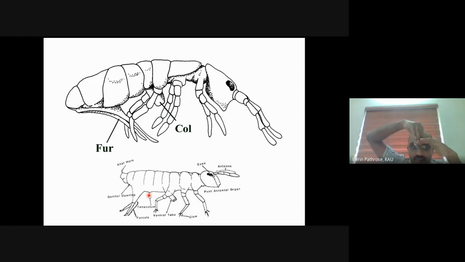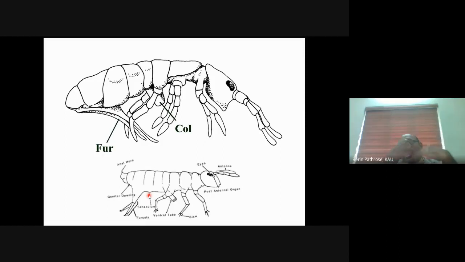The retinaculum releases the furca and this furca will strike hard onto the surface. Because of the striking of the furca onto the surface, the insect will jump. So this furca is called the springing organ. It just acts like a spring.